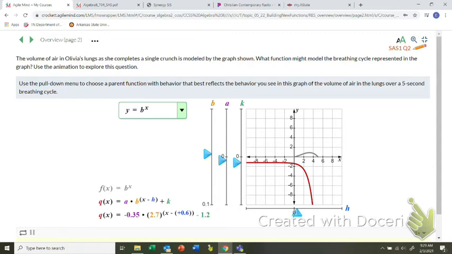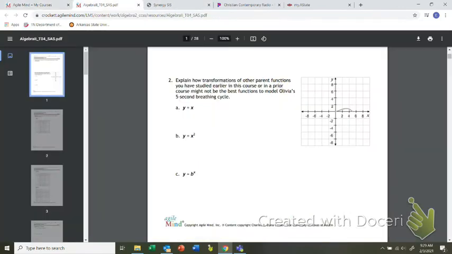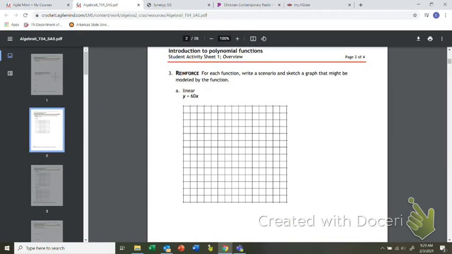Now, if you flip over to number 3, it asks you to write a scenario. So I don't really want you to write a scenario. I just want you to sketch the graph of what each one will look like. So obviously this one right here, it tells us it's linear. So you can sketch me a linear graph.